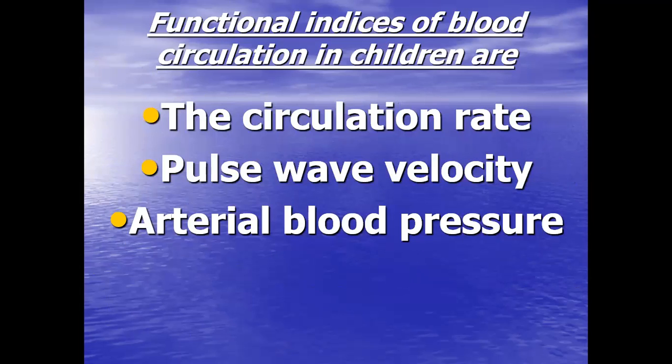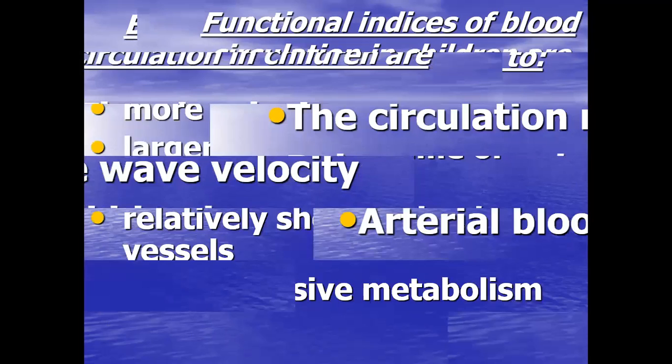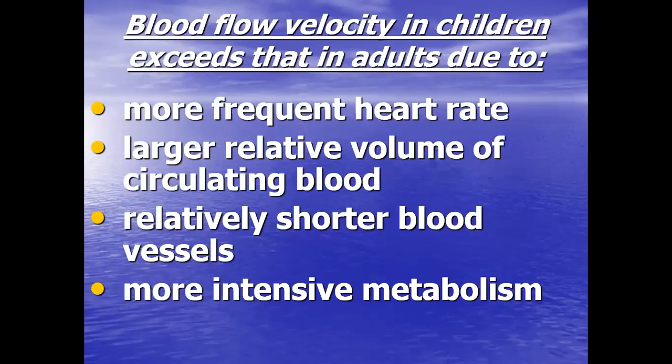Blood vessels also have functional peculiarities, and the indices of functional blood circulation are the circulation rate, the pulse wave velocity, and arterial blood pressure. Blood flow velocity in children exceeds that in adults due to more frequent heart rate, a large relative volume of circulating blood, relatively shorter blood vessels, and more intensive metabolism.